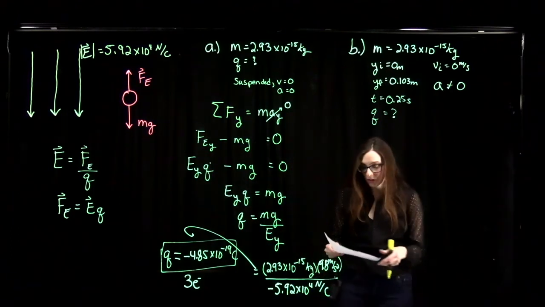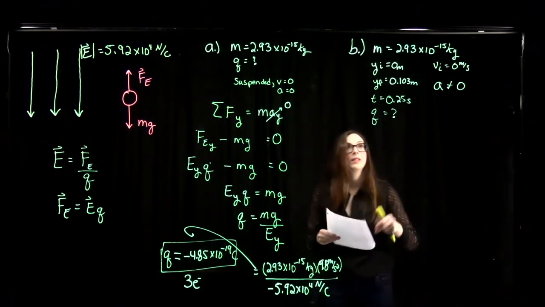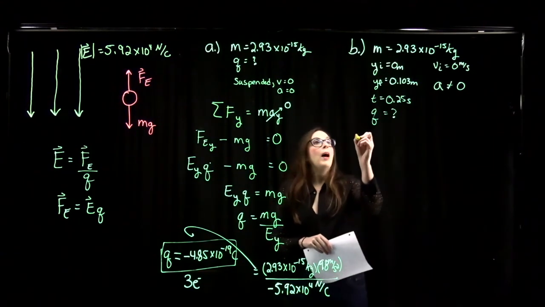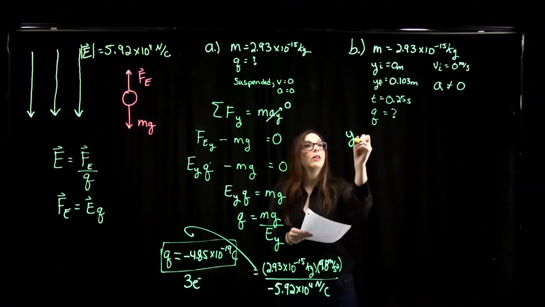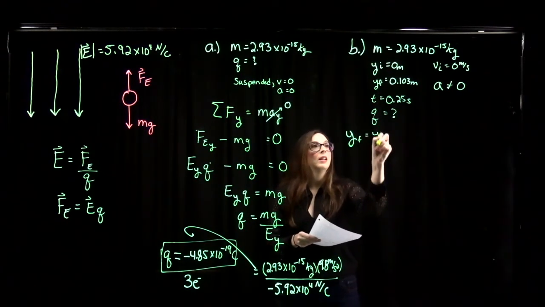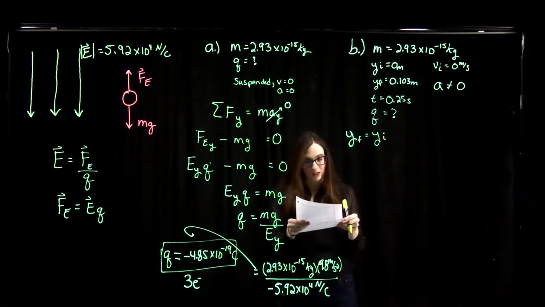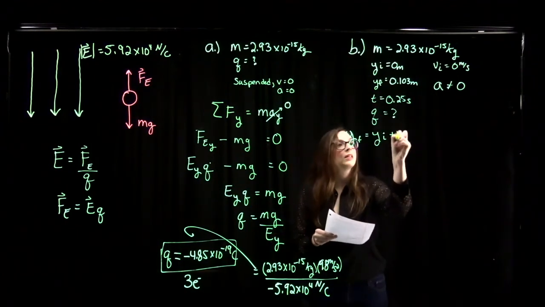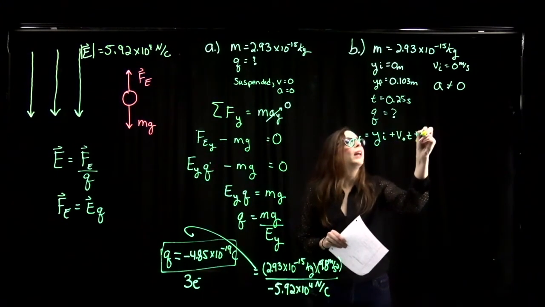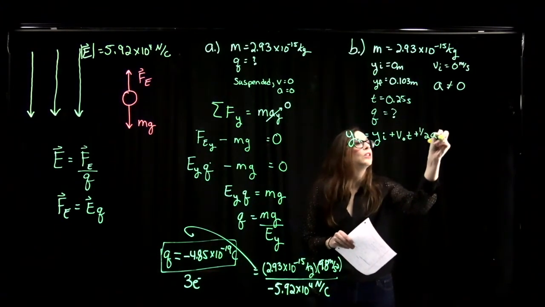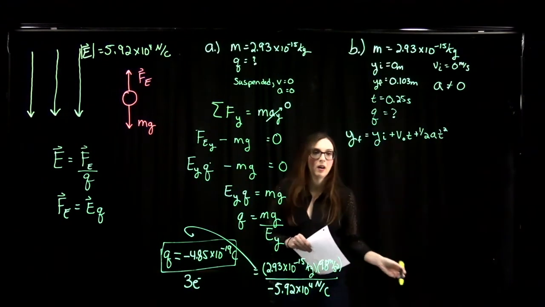Now, these equations are not on your equation sheet for this semester. Our equation for motion is going to be our final y position equals our initial y position plus our initial velocity times time plus 1/2 times our acceleration times time squared.